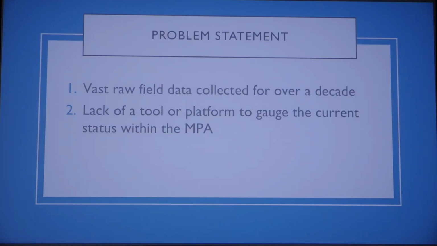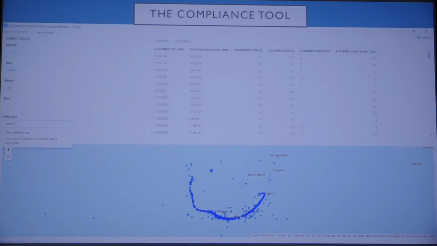The second problem is the lack of a tool to interface with this data in a useful manner. There's a need for a platform that allows us to filter this data, to visualize it, to interpret it, so we can assess the current behavior and trends within the MPA. This is where my project comes in. I've developed a software application that allows us to do just that.